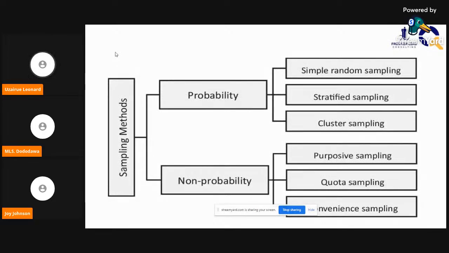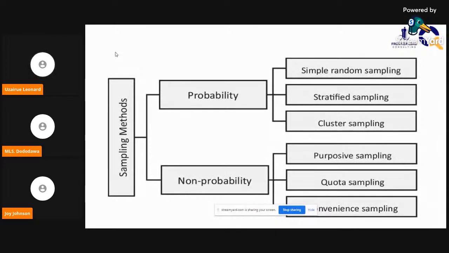There are different sample size calculators and formulas available, which we are not going to go into. What we want to look at basically is sampling methods.